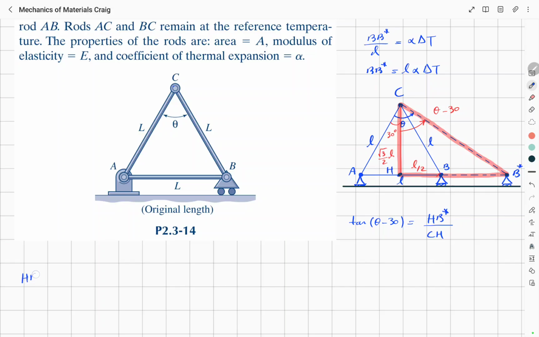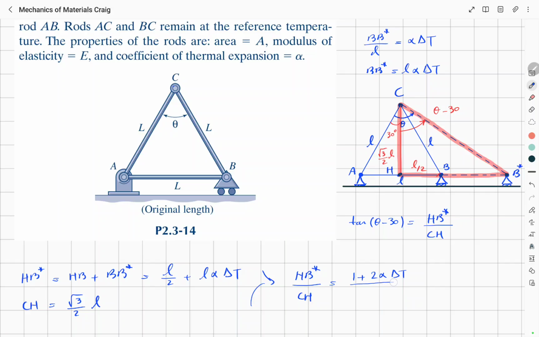We know HB star is HB plus BB star. HB is L divided by 2, and BB star is L alpha delta T. And we know CH is equal to square root of 3 divided by 2 multiplied by L. So HB star divided by CH would be (1 plus 2 alpha delta T) divided by square root of 3.